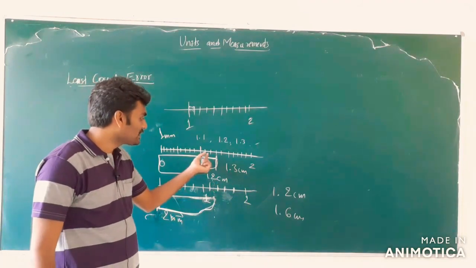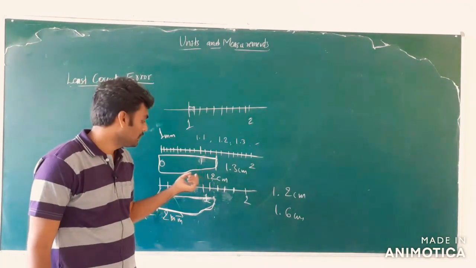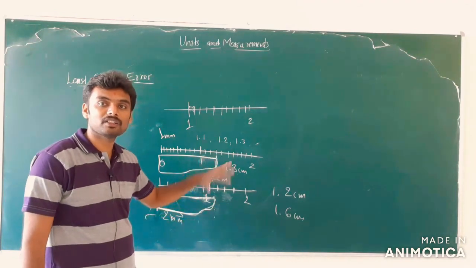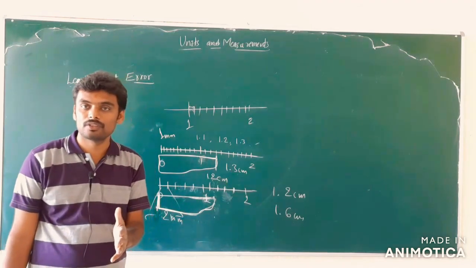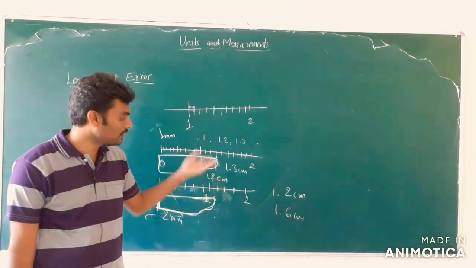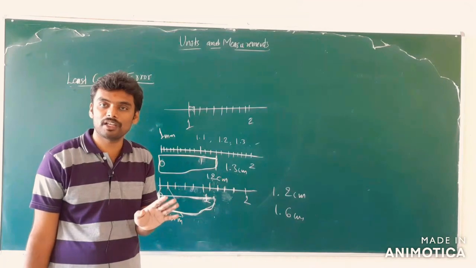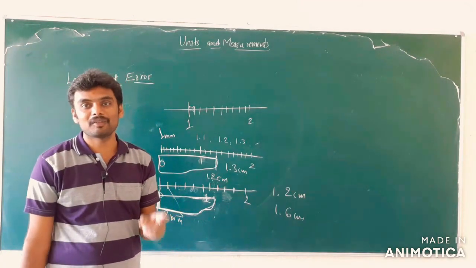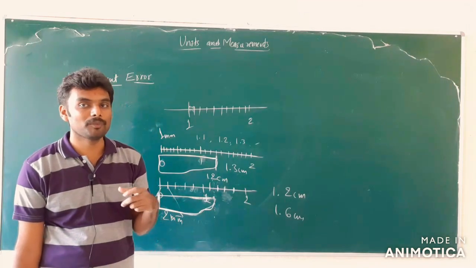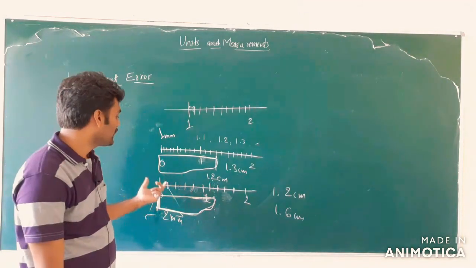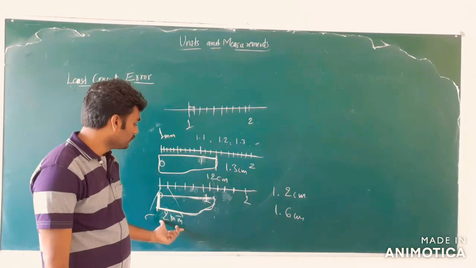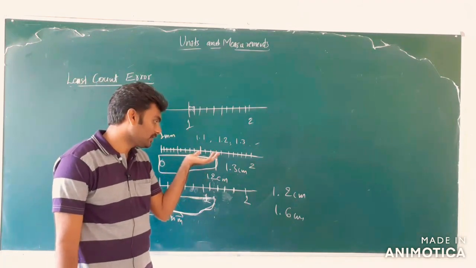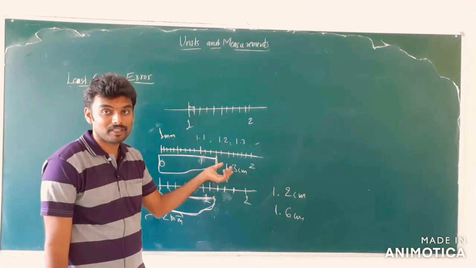So lesser the least count, lesser the error. More the least count, more the error. Depending on the instrument that we choose, both of them are perfect instruments, there is no doubt in it, but the precision of the measurement is decided by the least count of the measuring device. Least count of the measuring tape is 2 millimeter, least count of the scale is 1 millimeter.